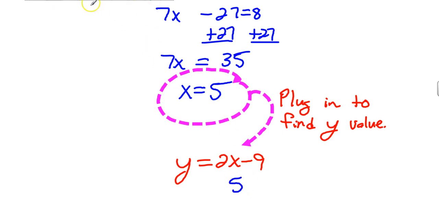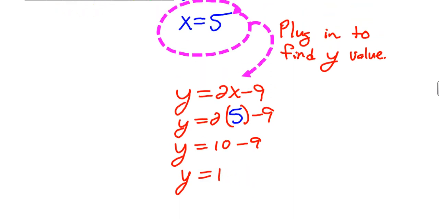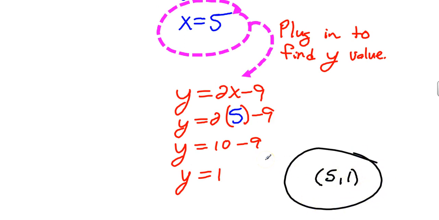The good thing about using that equation is that it's already got the y separated out. Once you plug it in, you're just doing some adding, subtracting, a little bit of multiplying. 2 times 5 is 10, minus 9, the y is 1. So the final answer is an ordered pair: 5, 1.